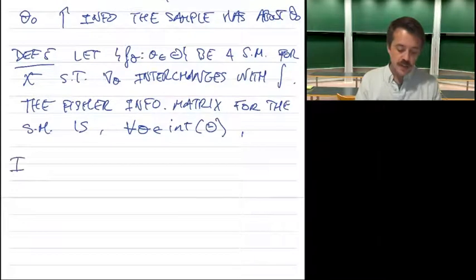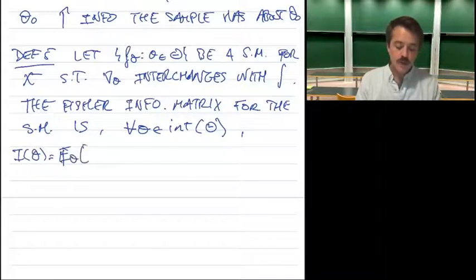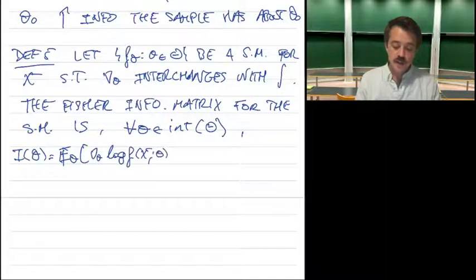So I theta is going to be the expectation under theta of the gradient with respect to theta of the log of f at x and theta, times its transpose.